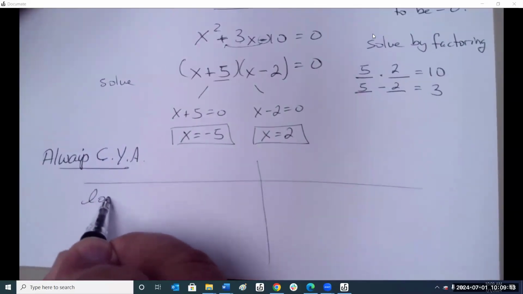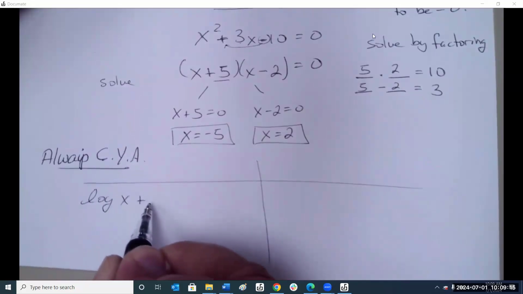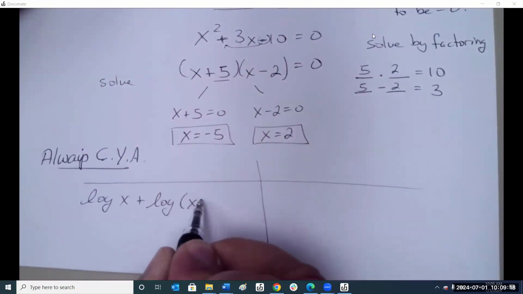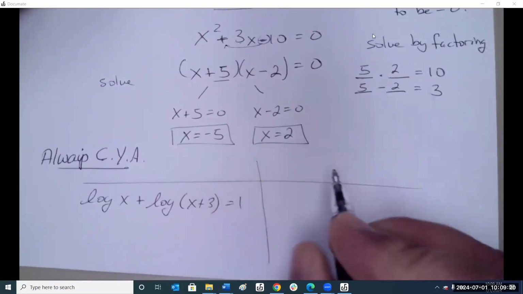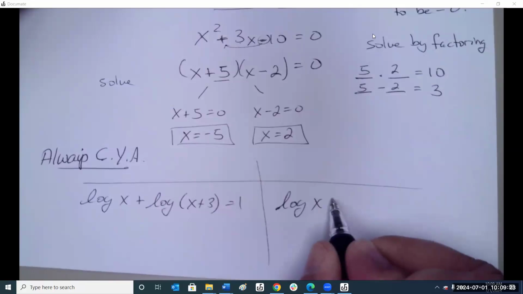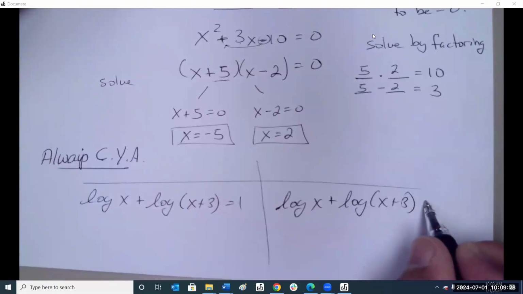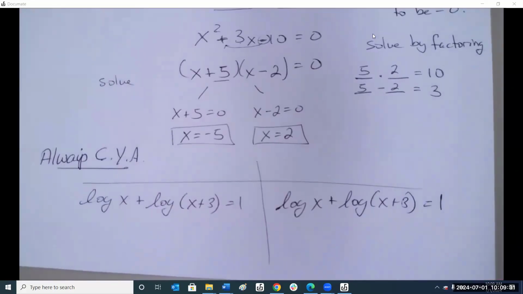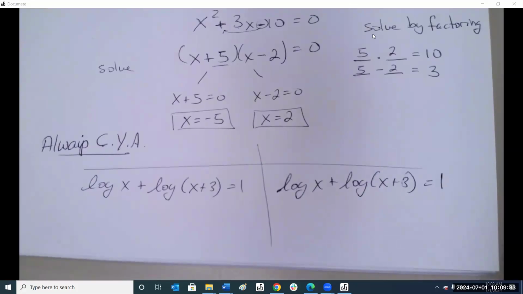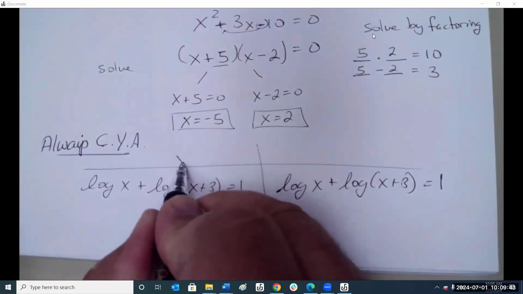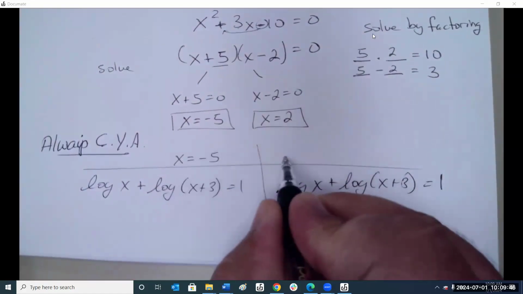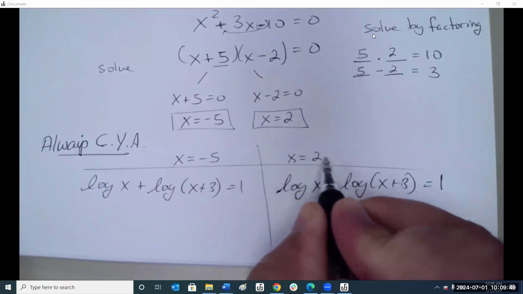So we have log x plus log of x plus 3 equals 1, with x equals -5 and x equals +2.